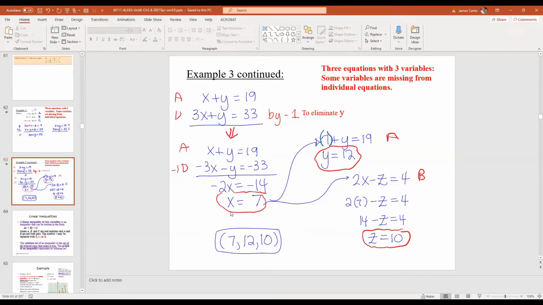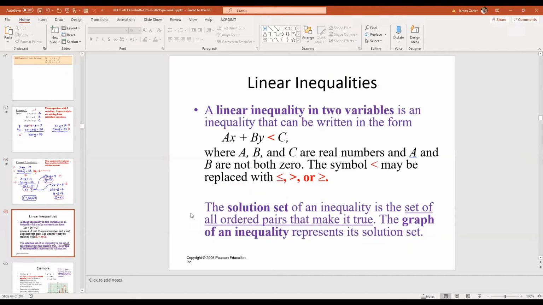Now that kind of ends our discussion of three variables, and we're going to go on now to working with inequalities. I'll give you a moment to read this. Basically, the only difference is we're replacing an equal sign with a less than, greater than, less than or equal, greater than or equal.